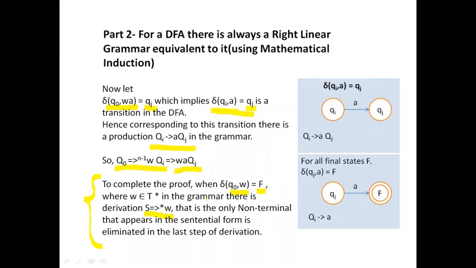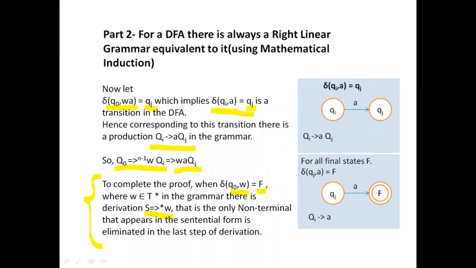This is true because in the last step of the derivation, since there is a transition to a final state, we will be able to derive a single terminal, and the only non-terminal will be removed from the sentential form. So we will be able to generate precisely W following the transitions in the case of the DFA.